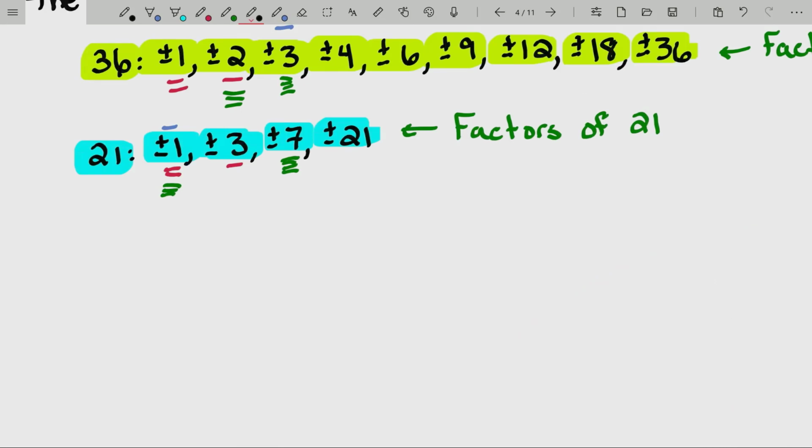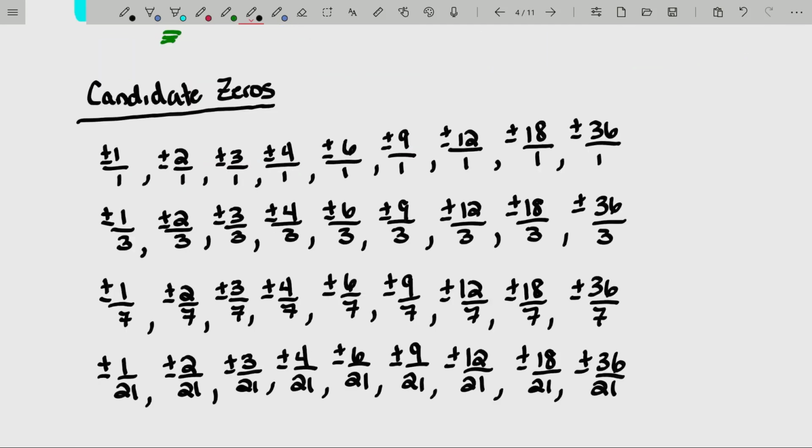I even said, man, this is quite a few factors of 36, quite a few factors of 21. Our candidates for the zeros for our polynomial are the following. And what you see before you is a list of all of the ratios of factors of the constant term to the factors of the leading coefficient.